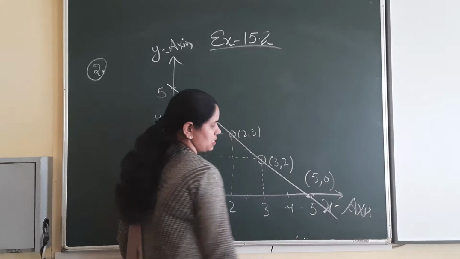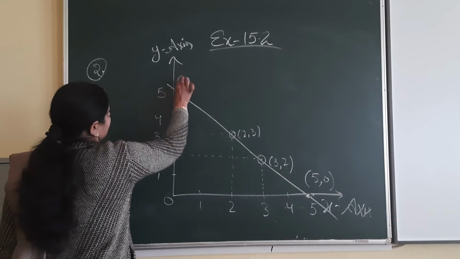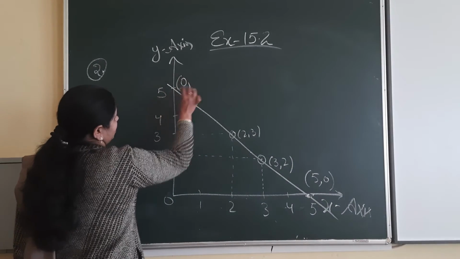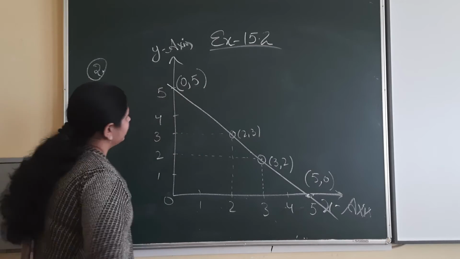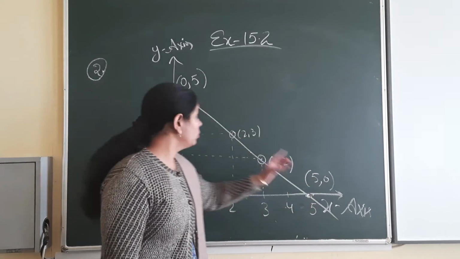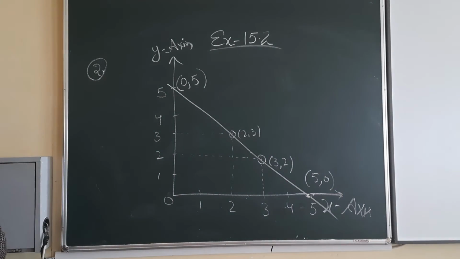So on x-axis it meets at 5, 0. On y-axis you are seeing it's here. On y-axis value of x coordinate will be 0 and y we are seeing here 5. So this line graph on x-axis meets at 5, 0. On y-axis 0, 5. So this one was question number 2.